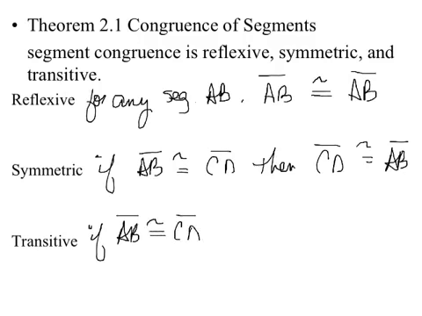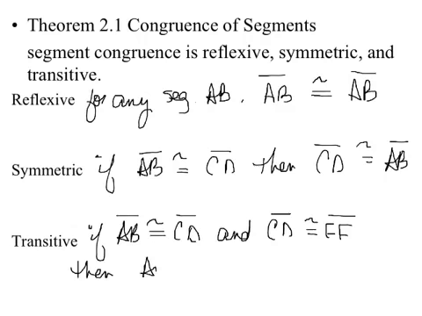Maybe you can think of something else that'll keep it in your head if that doesn't make sense. So, if segment AB is congruent to segment CD, and segment CD is congruent to segment EF, then segment AB is congruent to segment EF.